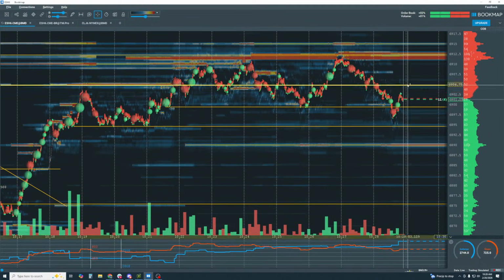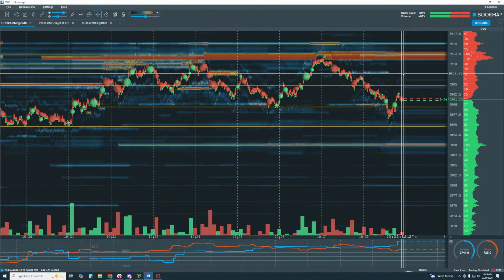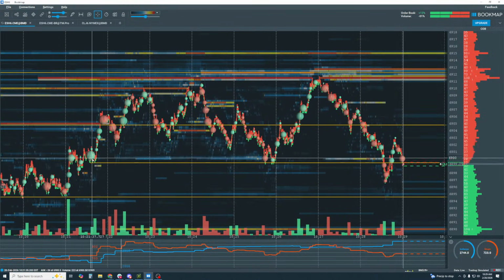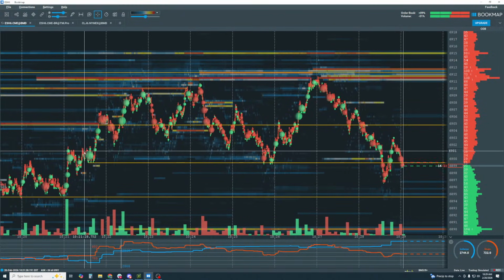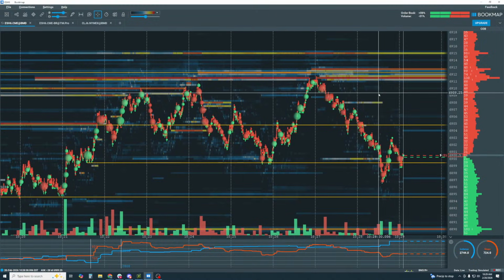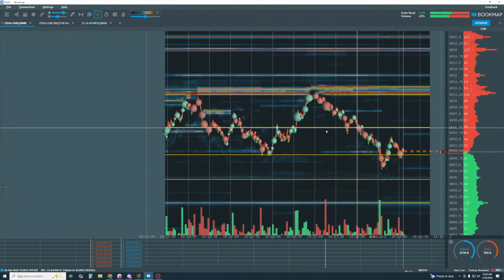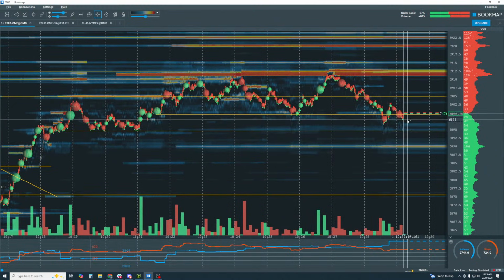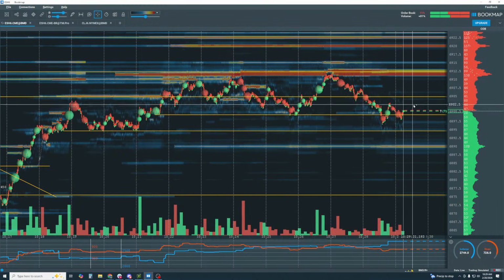Okay. We identified our footprint traders probably in here with that high volume node. And looking for our sellers again.